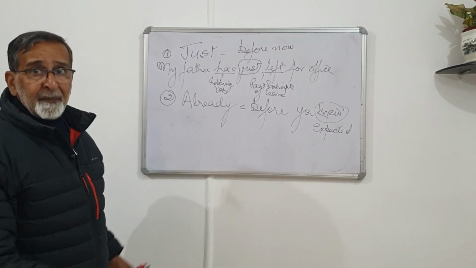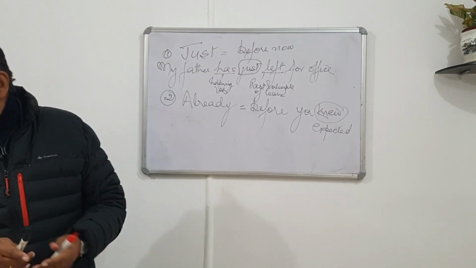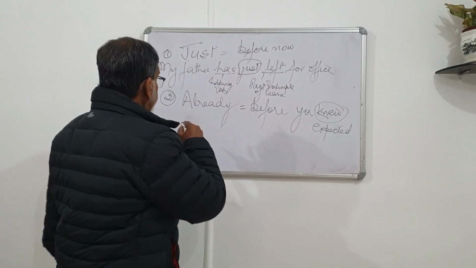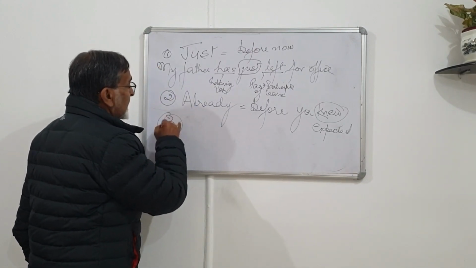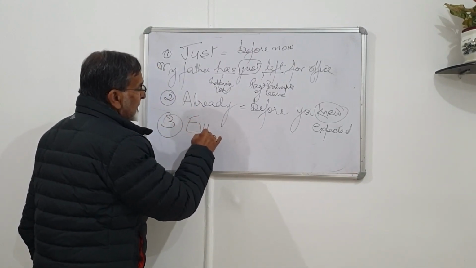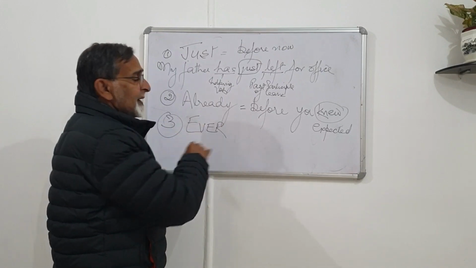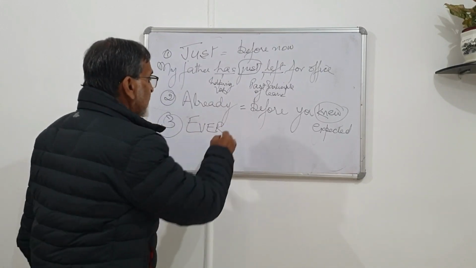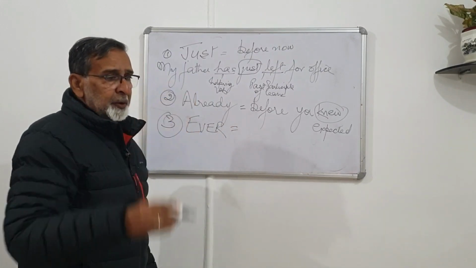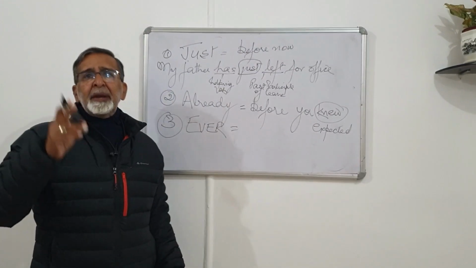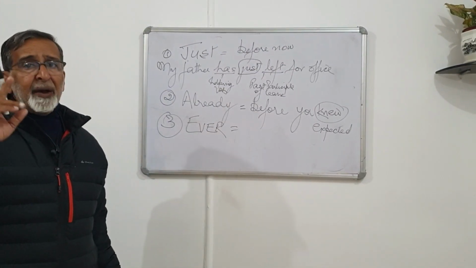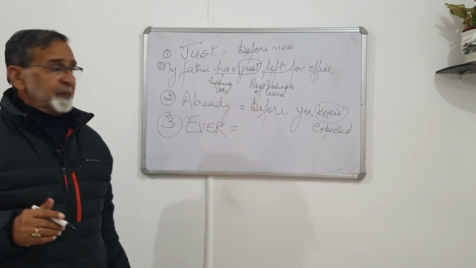Is that very clear? Now, another word here is 3, ever. There are two words, ever and never. Ever, have you, इसका example पहले देता हूं मैं. Have you ever been abroad? Have you ever been abroad का क्या मतलब है?